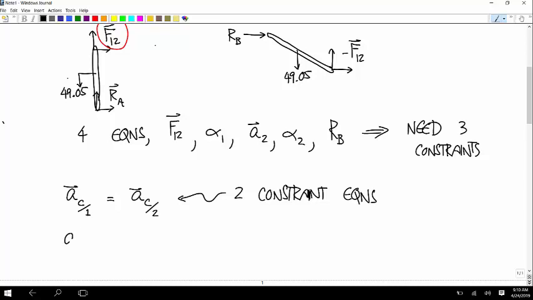And then the acceleration at B, X component, is equal to 0 because the edge of that thing has to stay pressed against the wall. And so this is one constraint equation. And so then you can solve it.